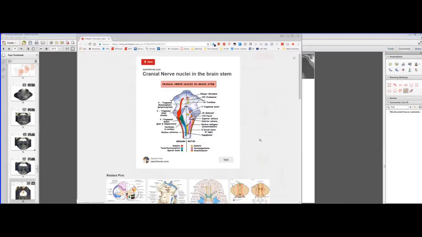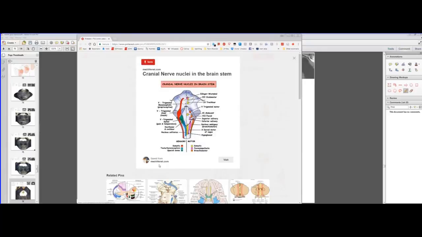Look how long that is. And your nucleus ambiguus we see in quite a number of sections. The dorsal vagus motor nucleus is more lateral than the hypoglossal, which is more medial, down right near the border at the end of the medulla.